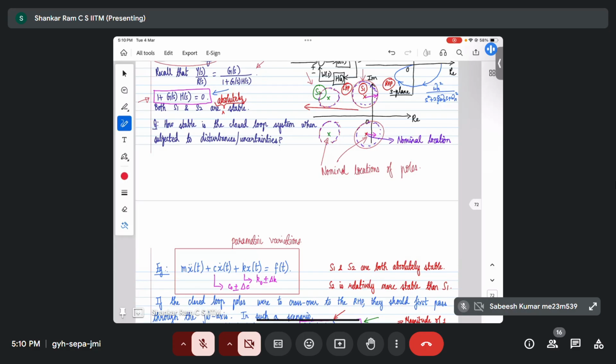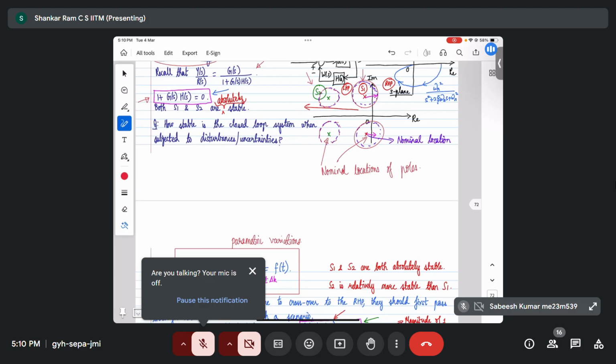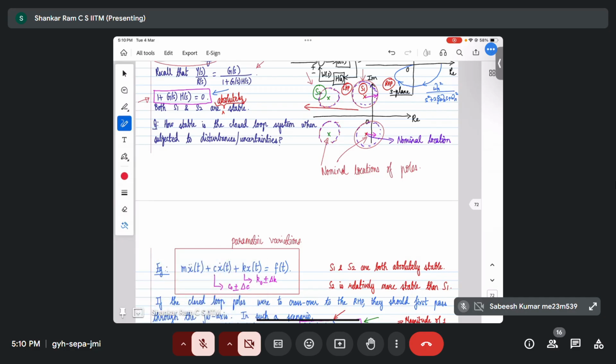Now if you look at systems 1 and 2, the nominal system is stable. That is because both nominal poles are in the left of the complex plane. And from a response perspective, do we want poles to be closer to the imaginary axis or away from the imaginary axis?